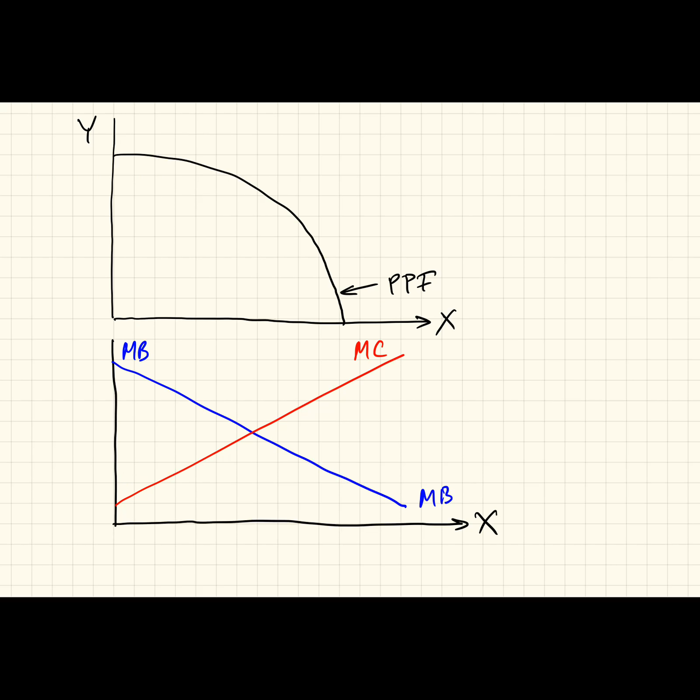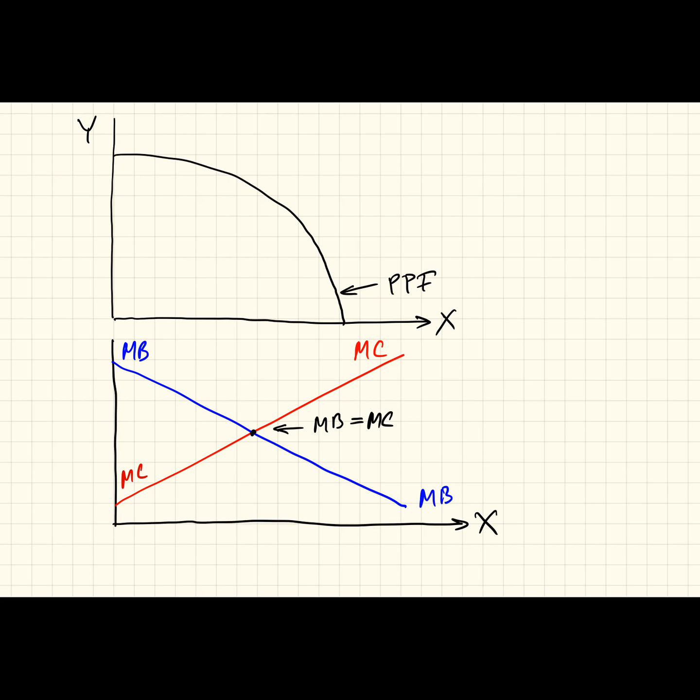And same thing here, color red. So now we should be able to clearly see which curve is which. And again, technically, figuring out which point we want to be at on our PPF is just the point that matches this intersection between marginal benefit and marginal cost curves.